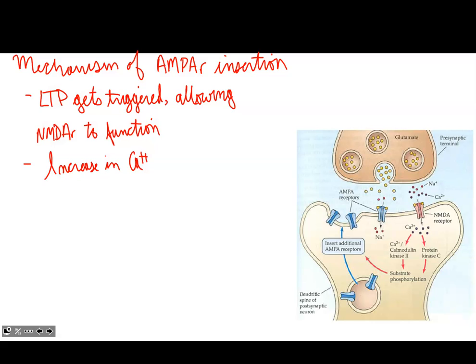And we know that this causes an increase in calcium. Okay, and we know that calcium works as a second messenger, and it's through the activation of different kinases. So particularly we think PKC and CAMK2 phosphorylate proteins that are necessary in inserting these AMPA receptors.